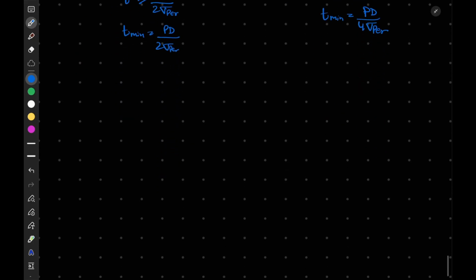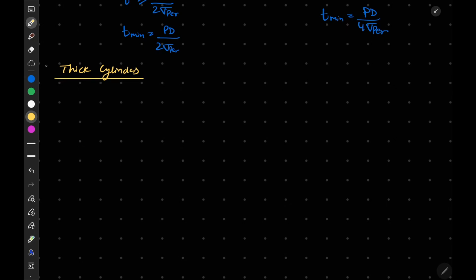Now if we talk about thick cylinders, that is our third case. For thick cylinders, you should remember that hoop stress is greater than radial stress, which is greater than longitudinal stress. This is a very important point.